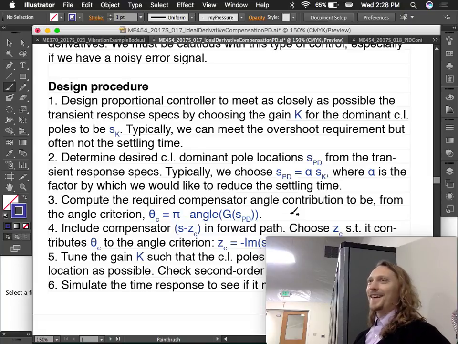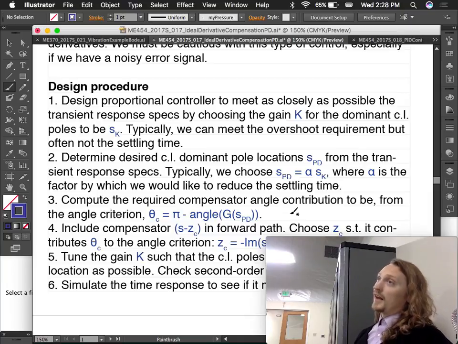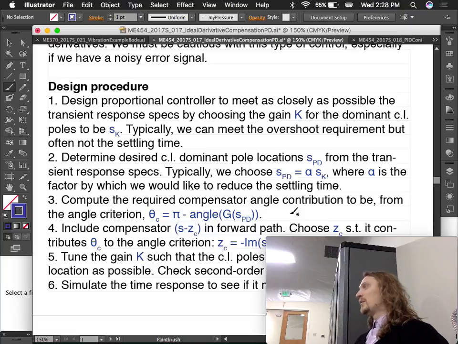Vaguely. What they were was, it said that if you evaluated a transfer function at some point, and if it's on the root locus, the magnitude of the transfer function at that point had to be equal to 1, and the phase had to be equal to 180 degrees, or pi, plus or minus 2 pi.